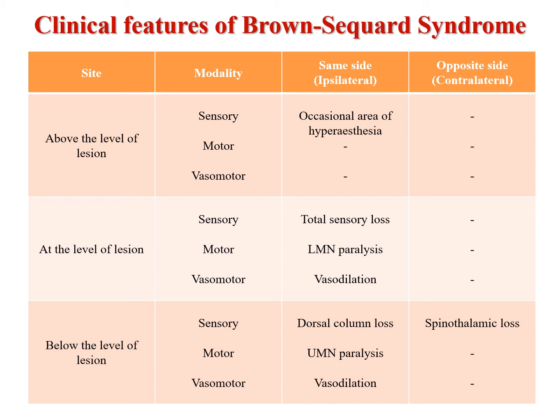However, some textbooks do not mention it, while on the contralateral side there will be no effect. So to summarize, at the level of the lesion there will be only ipsilateral effects, while contralateral effects are only seen below the level of the lesion.